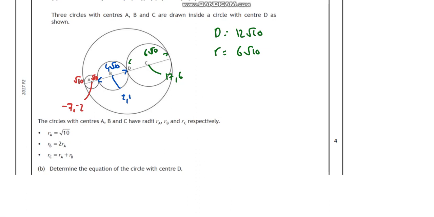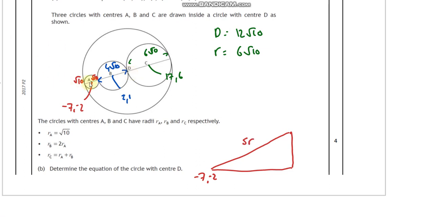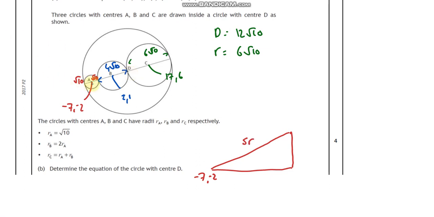If I start on -7, -2, I'll try and put that in red to keep it the same. I want to get up to the point D. So I want to get all the way up there, which means that I've had to travel one radius, so 1 √10, and another 4 √10, so 5 √10s.